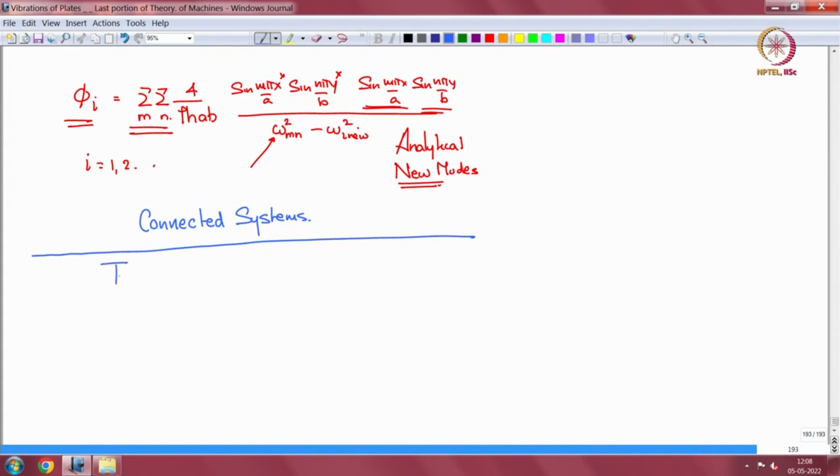There are two systems now, attached or connected rather at 2 points.